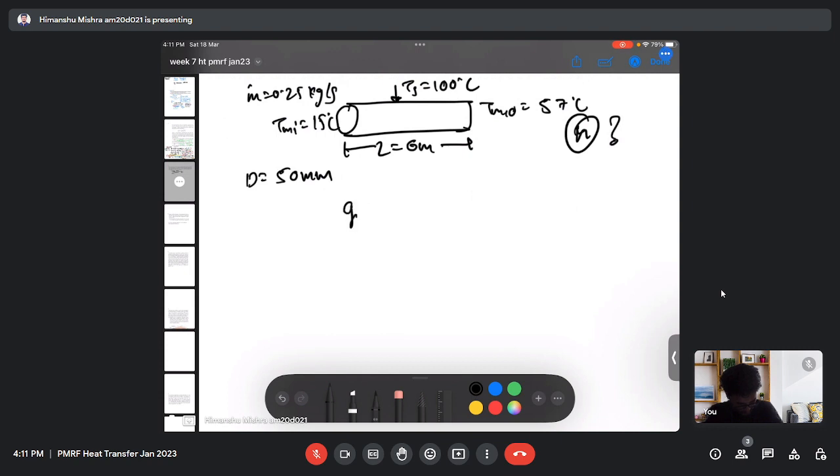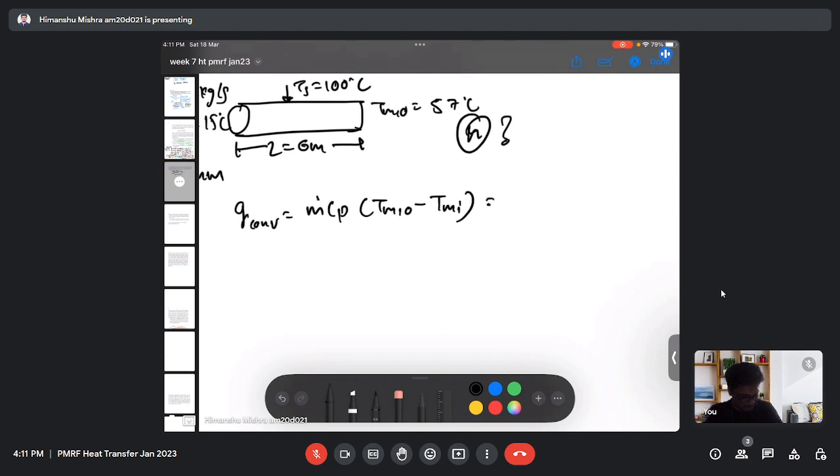My heat convection will be given by the difference between the mean outlet and mean inlet temperature, and my heat convection is given from Newton's law of cooling.